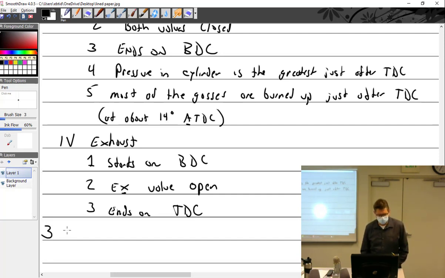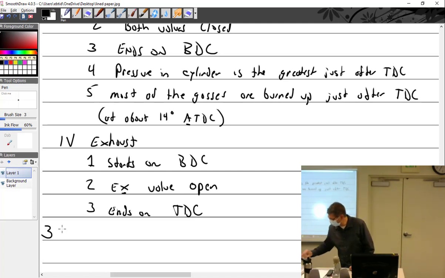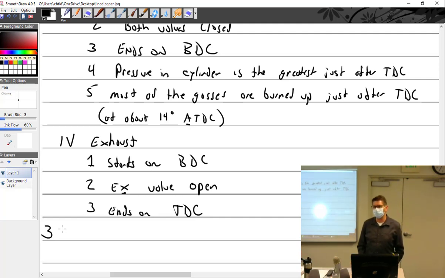That's the basic four-stroke principle right there, the basic simplified version. I'm going to bring it back around, and we're going to talk about what's more realistic. Are most aircraft engines going to be non-interference or interference, where the valves will occupy the same space? That's where I'm going with this.